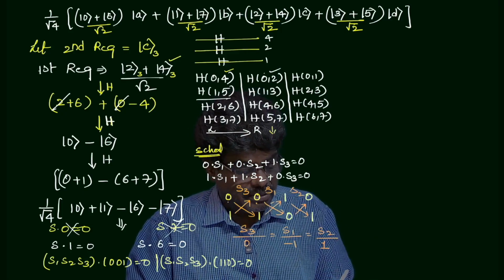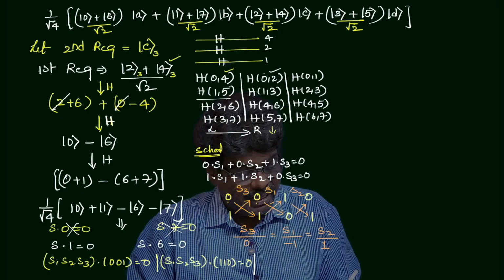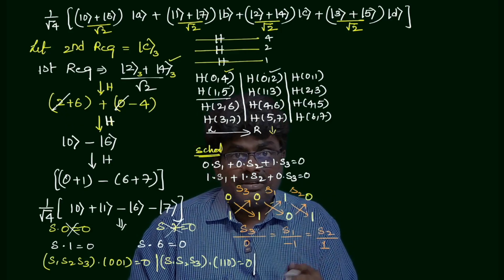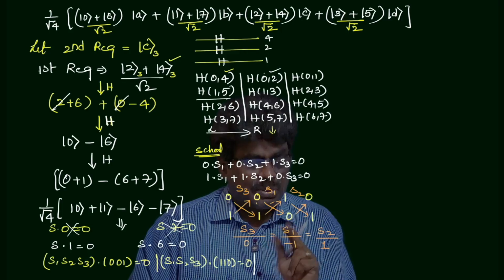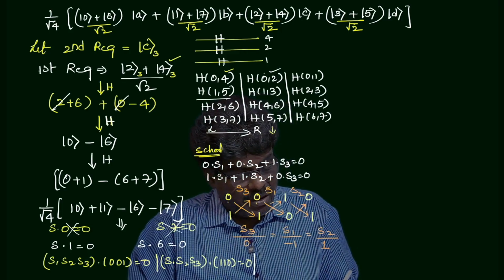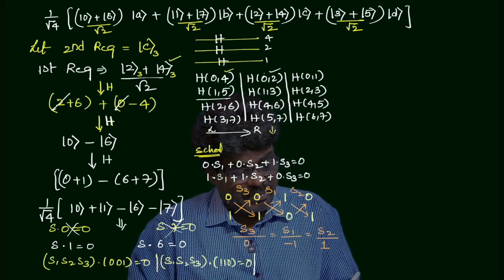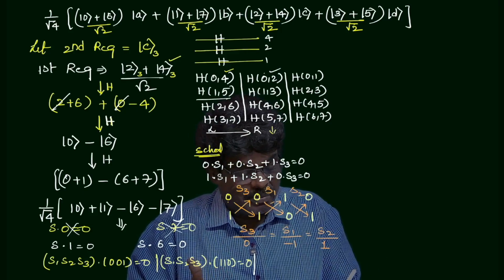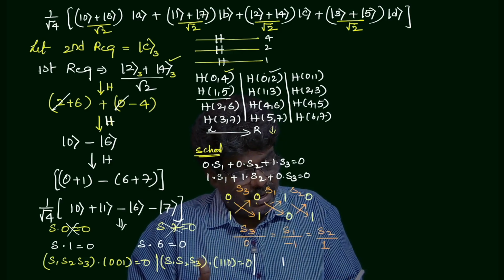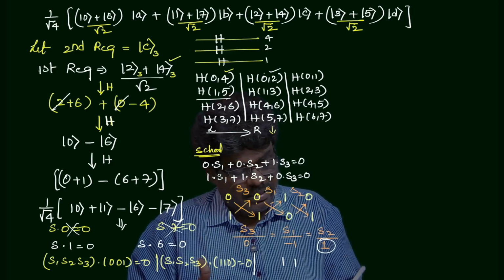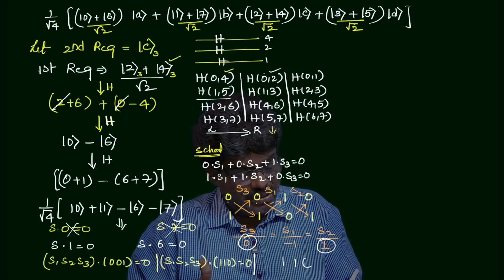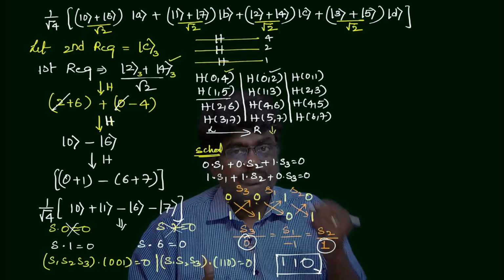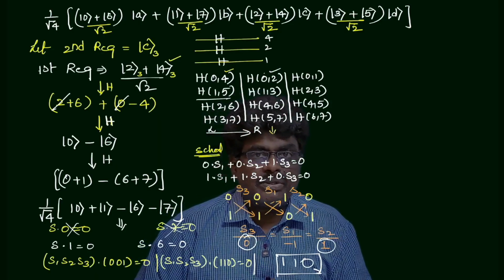So finally if you see carefully, we got S1, be careful, it's not in the order. So S1, now S1, S2, S3. What is S1? Under S1 we have minus 1, forget about minus 1, and under S2 we have 1, and under S3 we have 0. So that's it. This is 1, 1, 0.